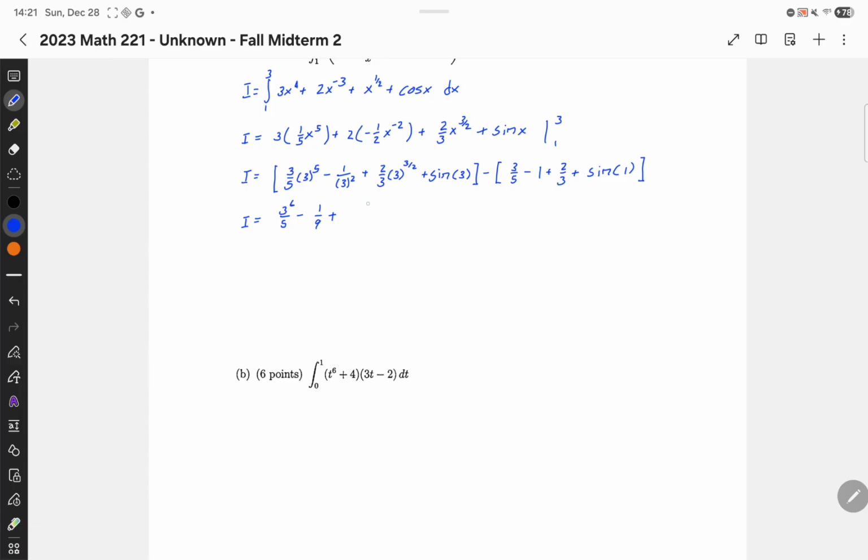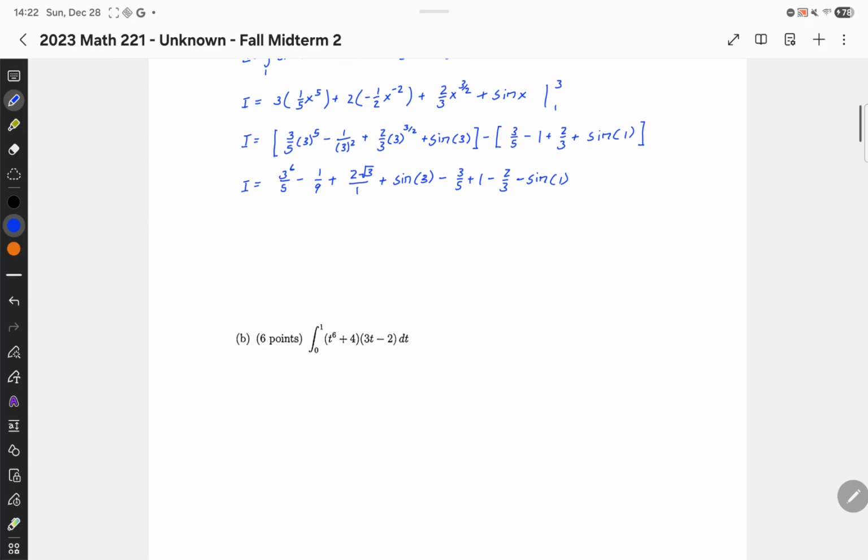Well, that's going to turn into a square root 3, or 3 to the 1/2. So we'll write that as 2 times the square root of 3, and that's going to be over 1, right? And then we add sine of 3. Now subtracting 3/5, adding 1, I'm just distributing the negative, subtracting 2/3, and subtracting sine of 1.